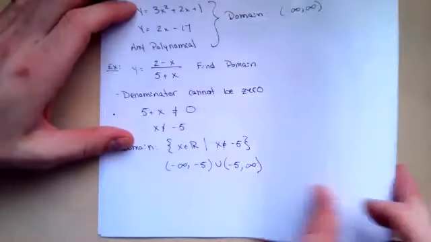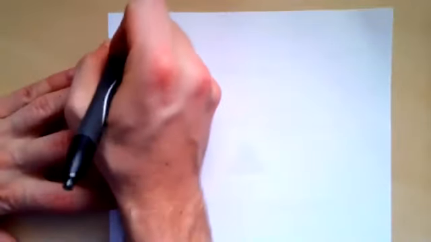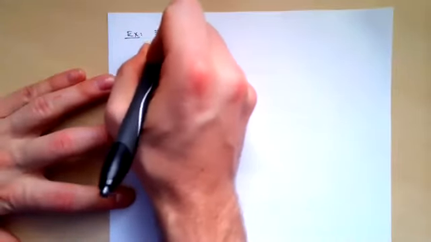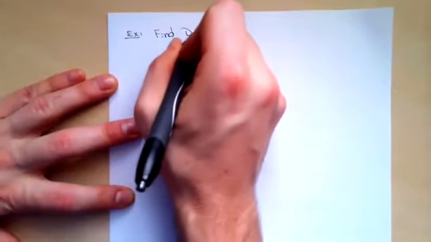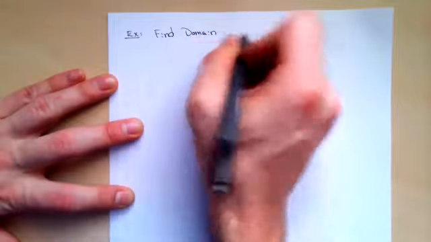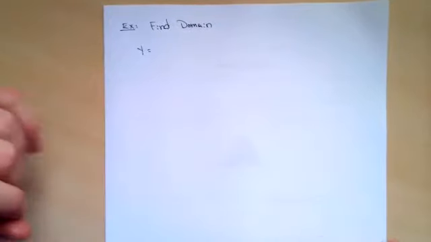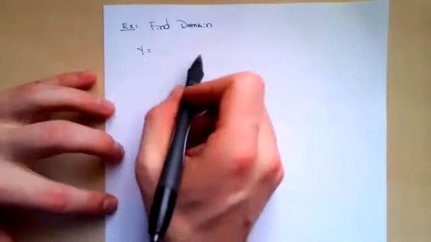To do one with a square root, these can get tricky when there are complicated functions underneath the square root.